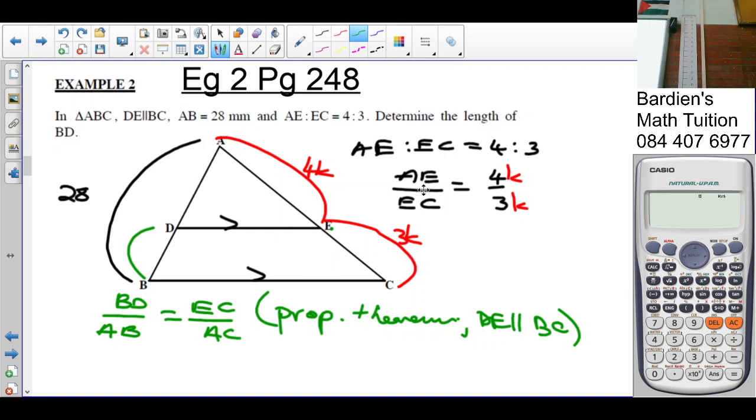So what's the length of DB? We don't know. It's what we're going to calculate, over AB, 28, is equal to EC, 3k over 7k.